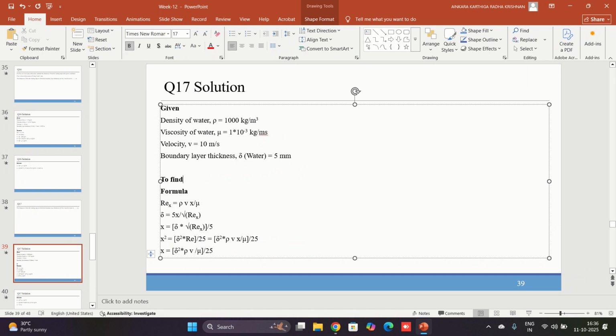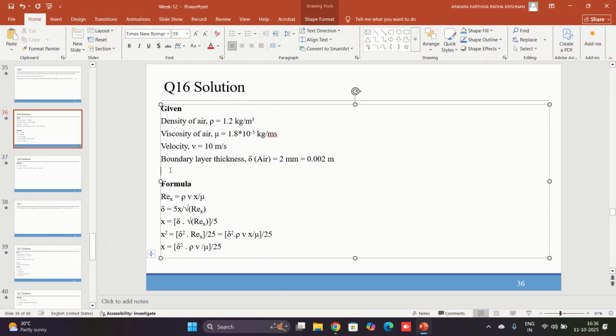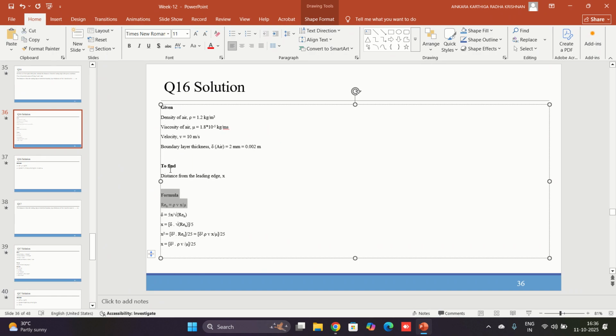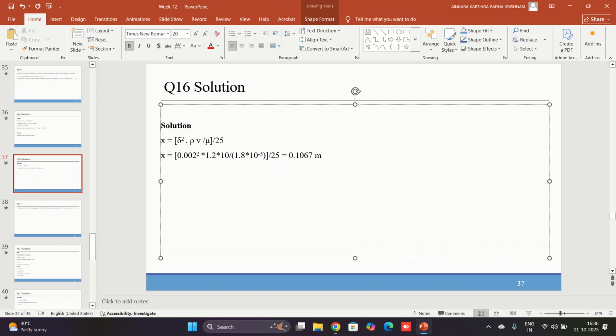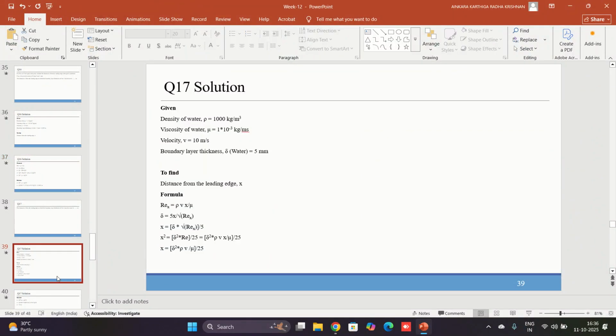Or else we can write it like this to find the distance from the leading edge.